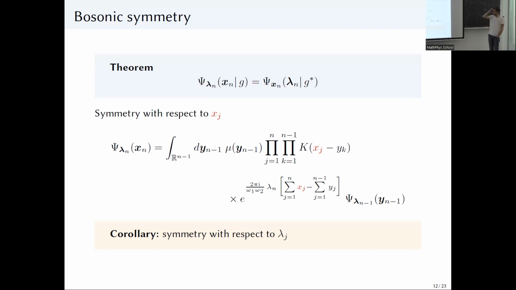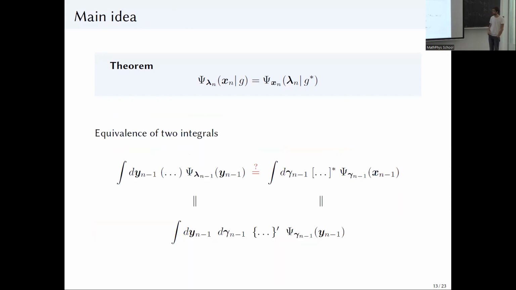Now let me explain how we prove this theorem. First of all, let me explain roughly the main idea. The main idea is very simple. This formula can be interpreted just as the equivalence of two integrals. The first integral, from the left, is the integral which was written before, the Hallnäs and Ruijsenaars integral representation.